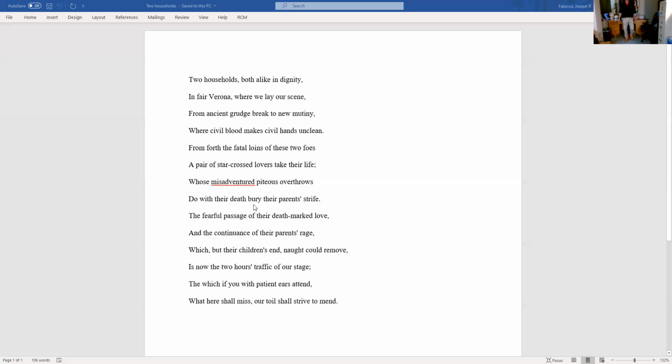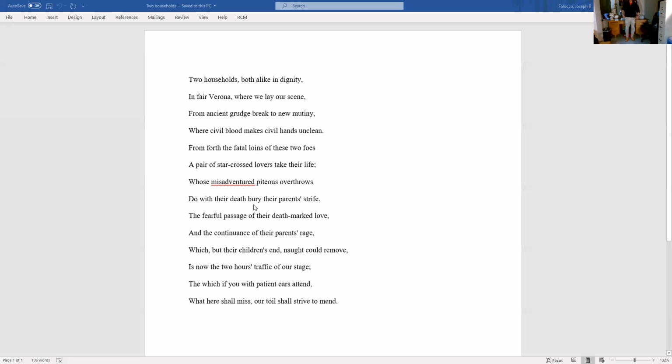The fearful passage of their death-marked love, and the continuance of their parents' rage, which but their children's end not could remove, is now the two hours' traffic of our stage, the which, if you with patient ears attend, what here shall miss our toil shall strive to mend.